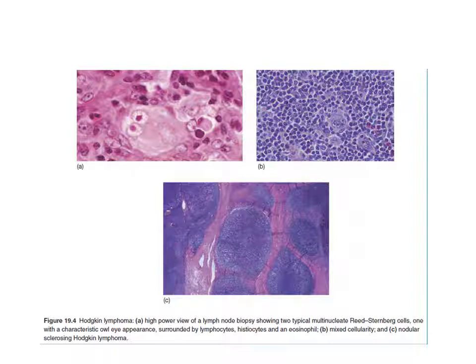This very big cytoplasm, with two nuclei that are mirror images of each other, and some hollow, clear space, surrounded by lymphocytes, histiocytes, and an eosinophil. This is a typical Reed-Sternberg cell. If we cut this in the center, we can say this is a mirror image. So this is known as owl eye appearance, like the eye of an owl.